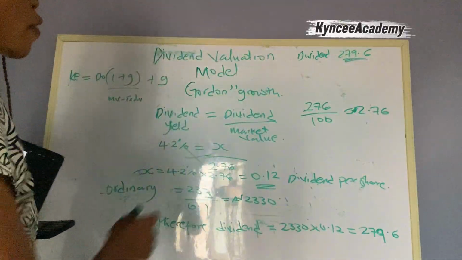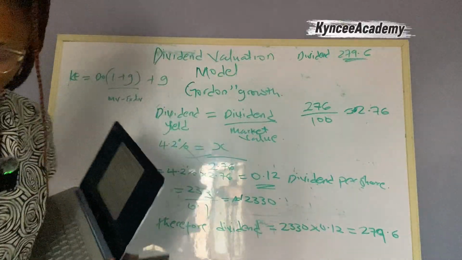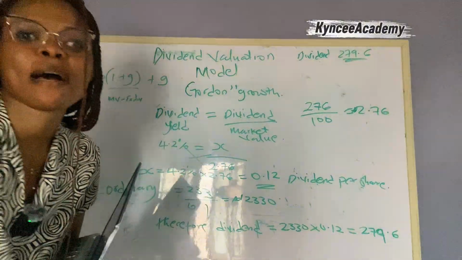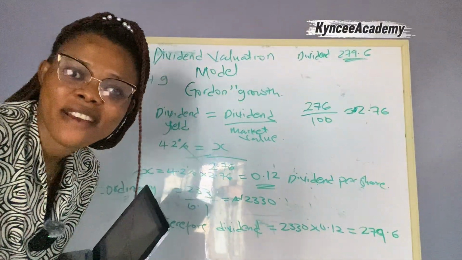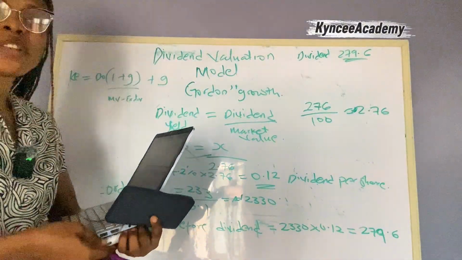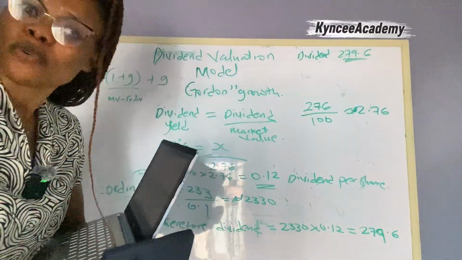So we've gotten our dividends. The next thing now is for us to determine our PAT. You know, our formula carries PAT. And in this question, we are not given PAT, so we have to compute it.